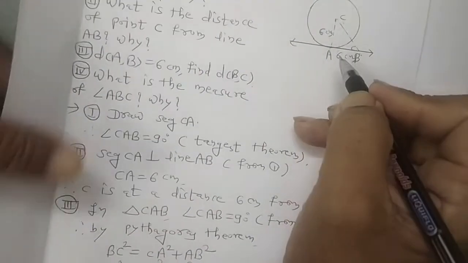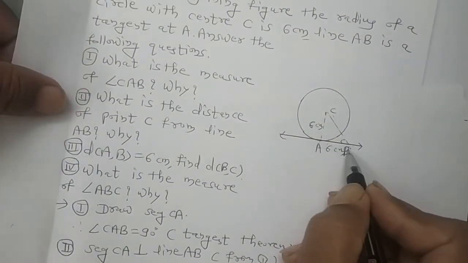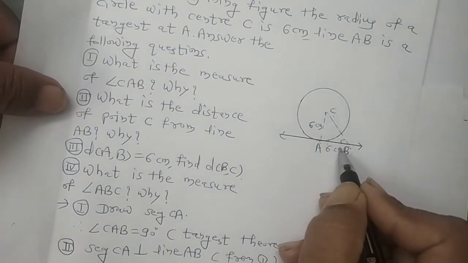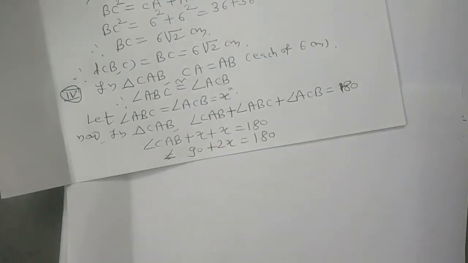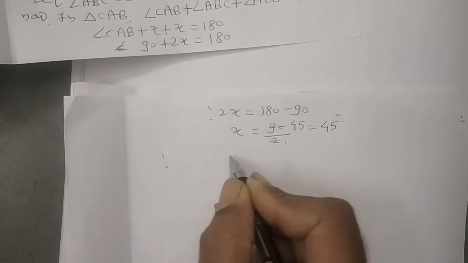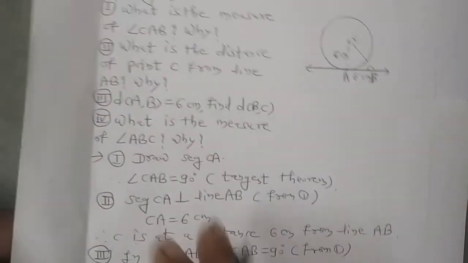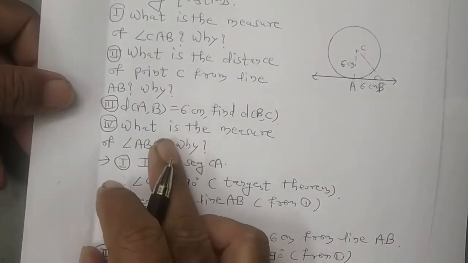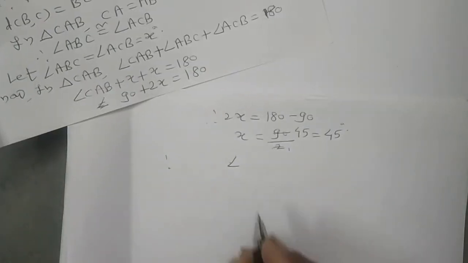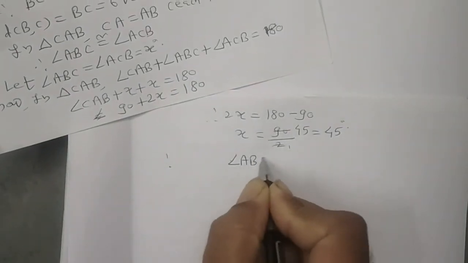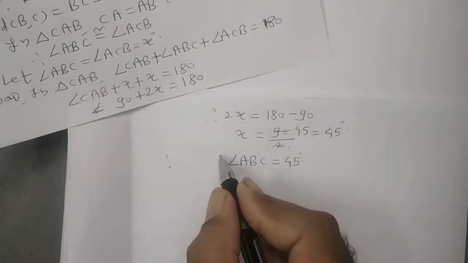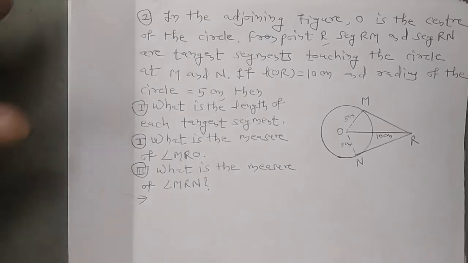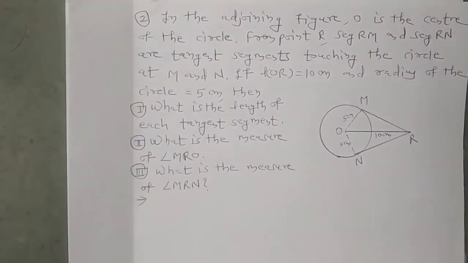Now we consider here angle ABC is equal to angle ACB is equal to x. Therefore, angle ABC is equal to 45 degree. This is the answer.